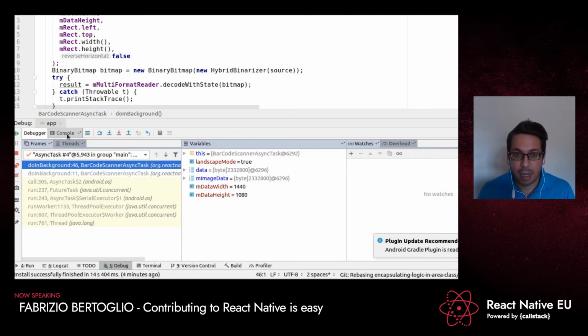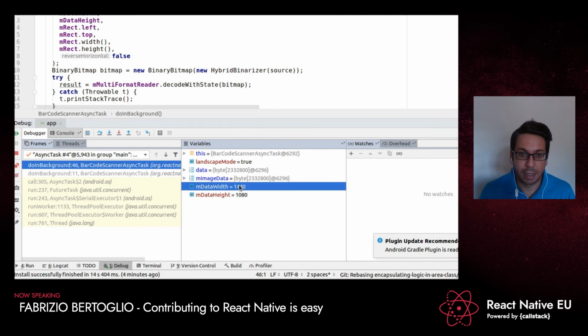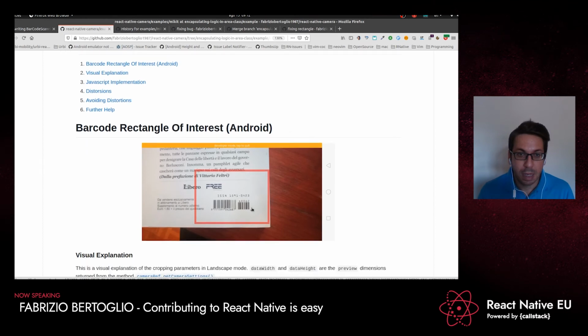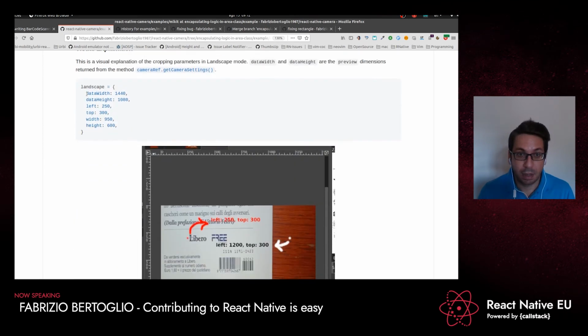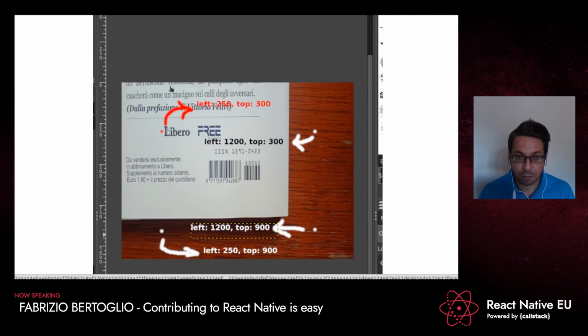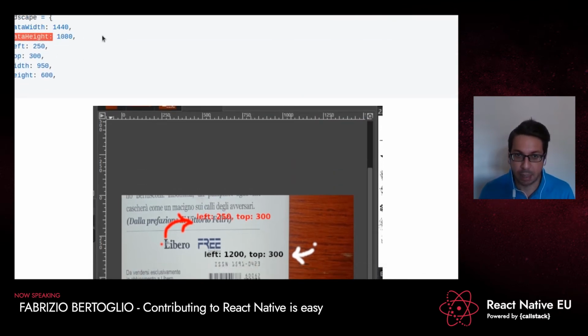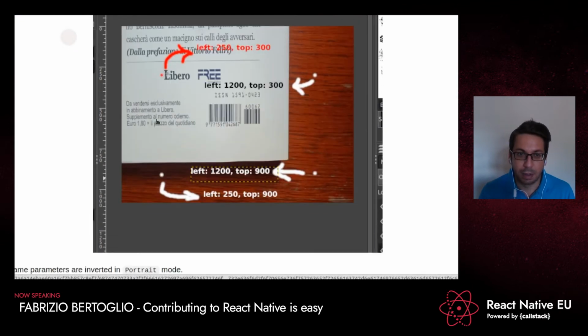We display the variables data width and data height, which define the width and height of the image. As I display in the README of my pull request, I made some screenshots of the images, including a ruler to display the dimensions in pixels.